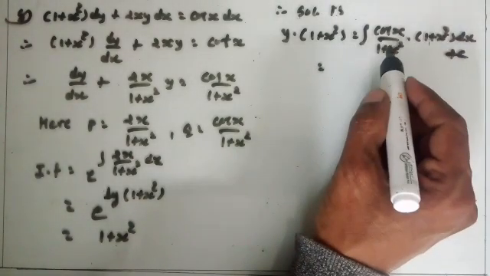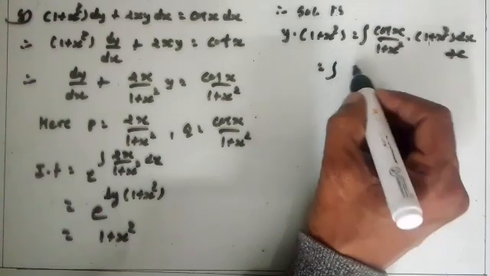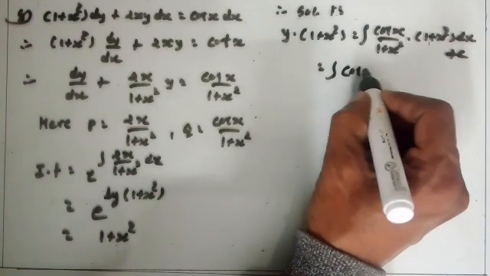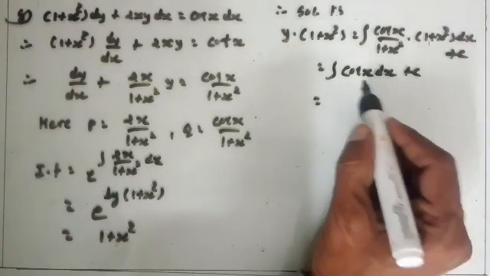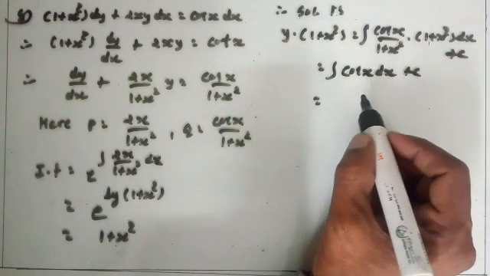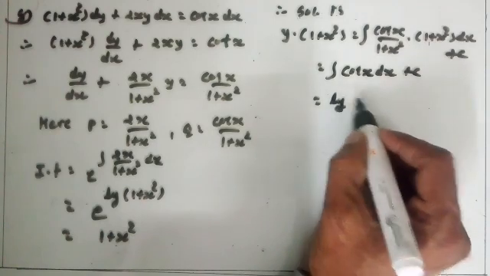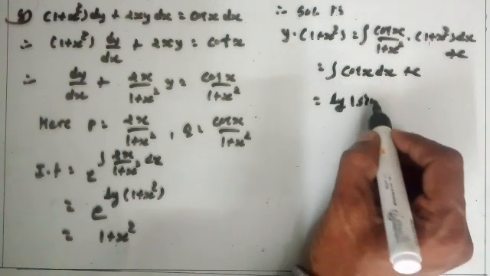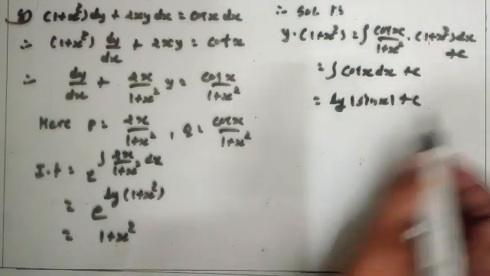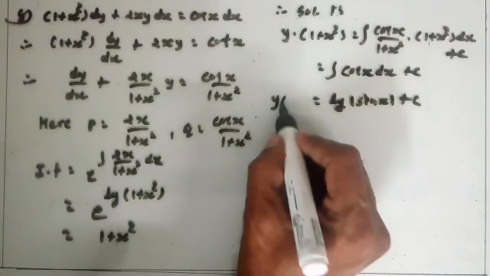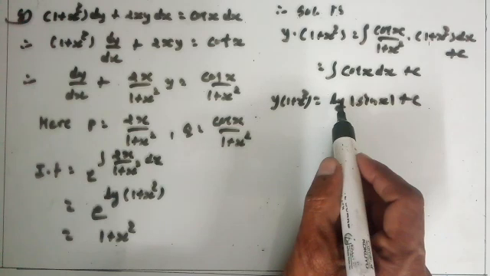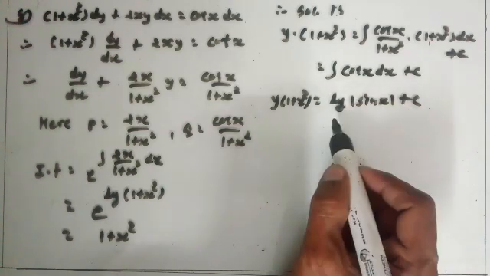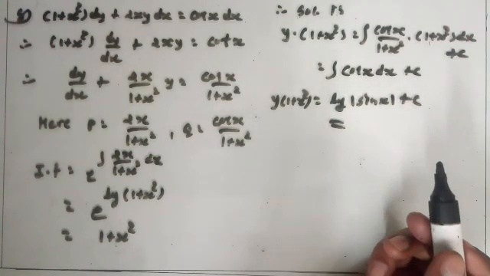So 1 plus x square cancels, we get integration cot x dx plus c. Integration of cot x is equal to log mod sin x plus c. So y into 1 plus x square is equal to log mod sin x plus c, which becomes the solution.